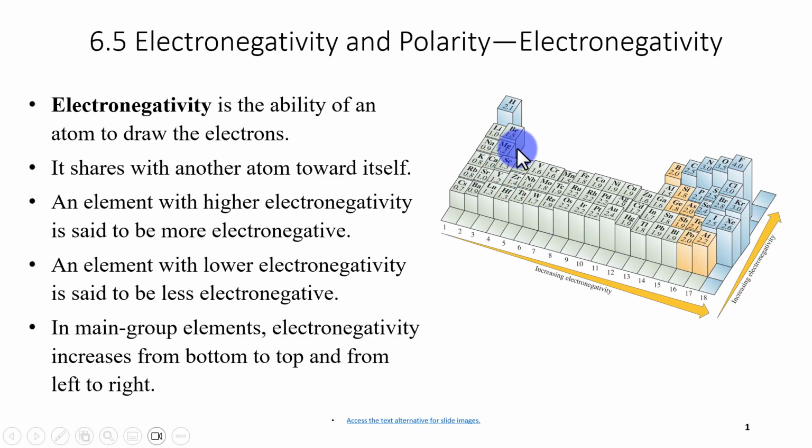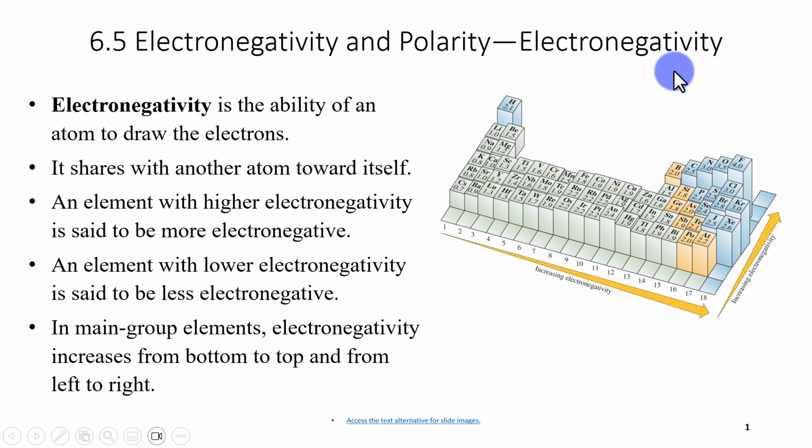You can see that it's not a beautiful upward trend, right? There's a little bit of variation here. And we're going to learn how to do calculations with electronegativity to actually determine for sure whether a bond is polar or not, or whether an element is more electronegative than another.